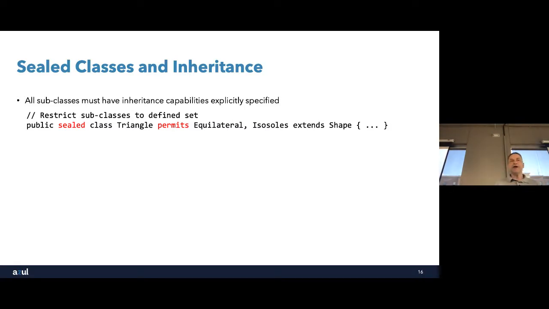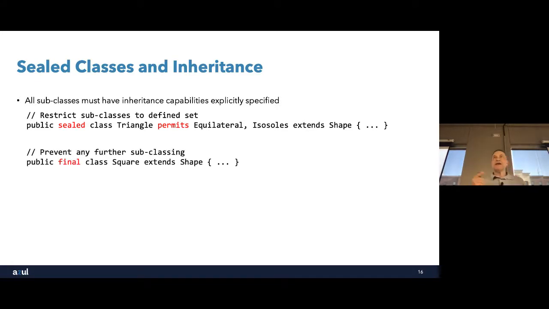In this example here, we're saying public sealed class triangle permits equilateral and isosceles, and it extends shape. So that means that we've then got a further two subclasses that we can create from that. The second thing that we could do is to make that subclass final, meaning nobody can further subclass from there. So square is now final, nobody can inherit from square.